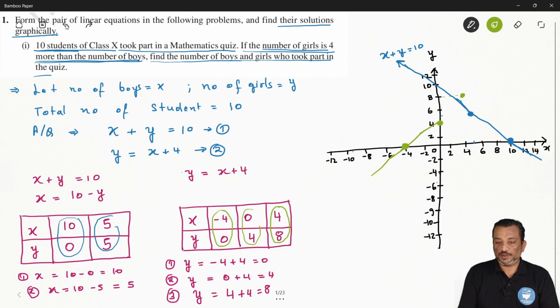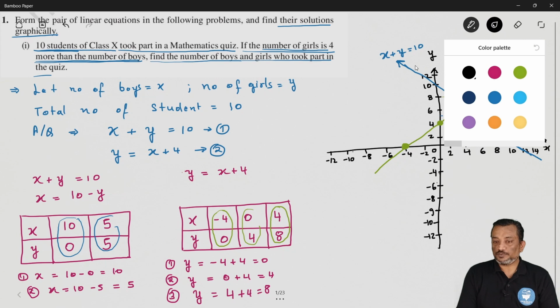Okay, so wait, I am using a free hand. तो आप इस चीज की गलती मत करना कि फ्री हैंड से बनाने के लिए आप स्केल की मदद से बनाना. So you can say you will get this second equation line. So this equation you have y is equal to x plus 4. Okay, so you can say they both are meeting at this point.